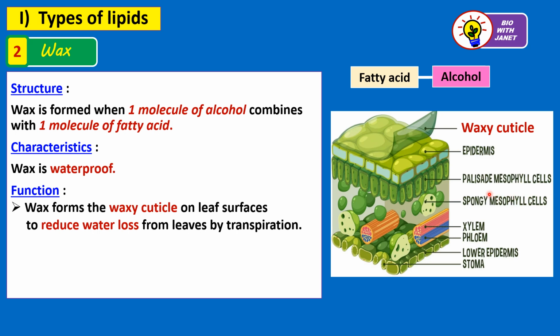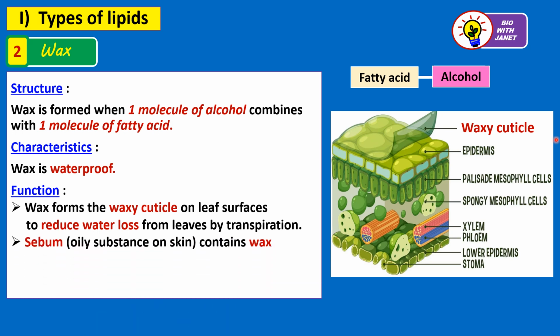Okay, so on a hot day, the water from the cells below, from the epidermal cells and the palisade cells, may tend to evaporate through the epidermis and the waxy cuticle. But the waxy cuticle will prevent water from coming out through it, because it is waterproof. So it will reduce water loss from leaves by transpiration or evaporation of water.